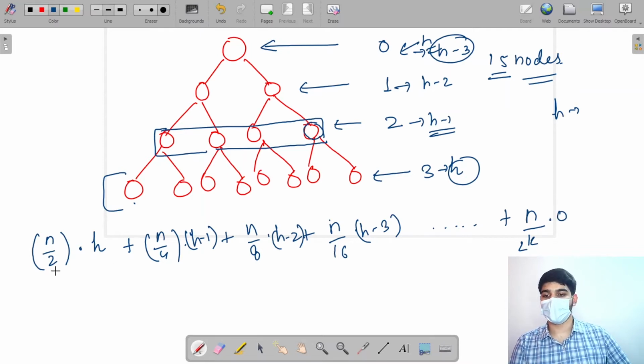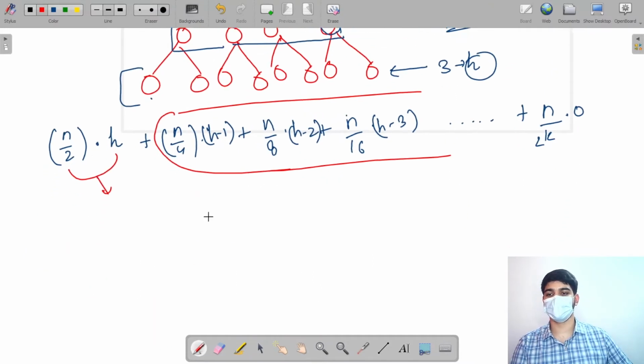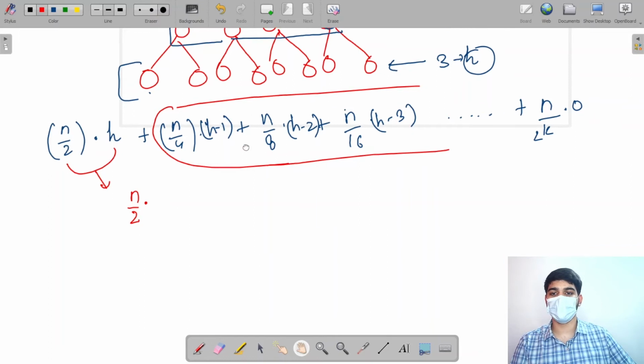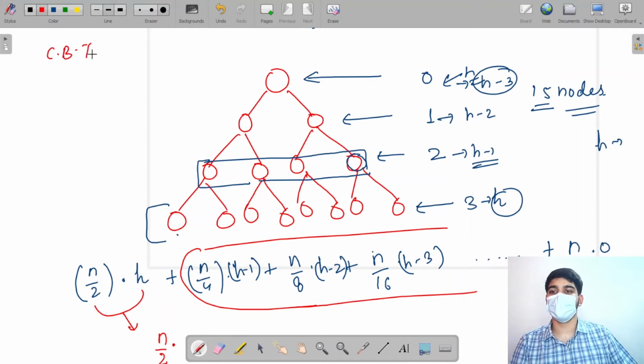Okay. If we just ignore all of these, and if we just focus on the very first term, what we have is n by 2 multiplied with the height of the tree. Now, if we recall, our heap follows two properties, which are complete binary tree property and heap order property, right?